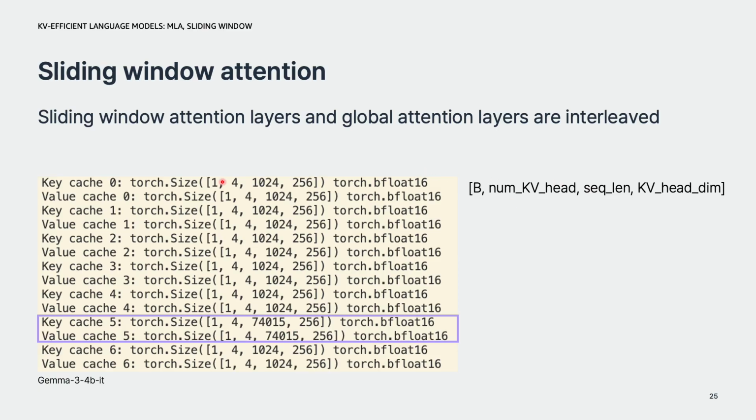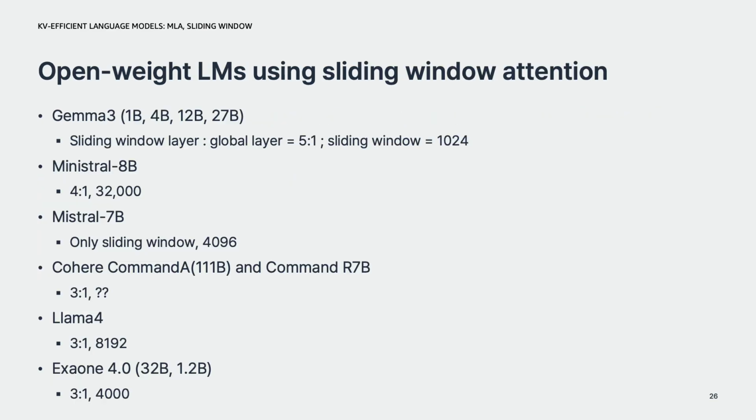So this means that layer 5 is a global attention layer, and perhaps the input length was 74,000. And the other layers shown here are the sliding window attention layers, and the window size is only 1024.